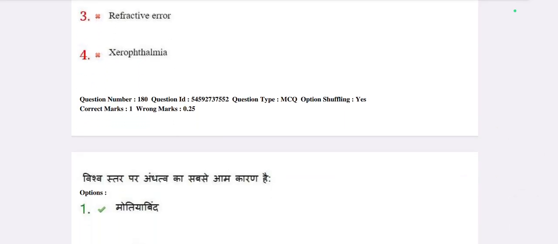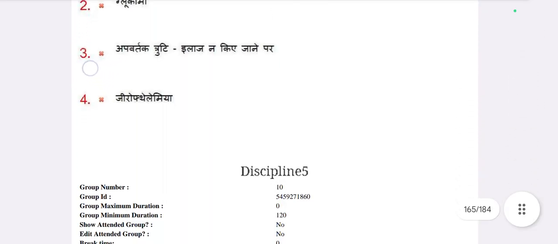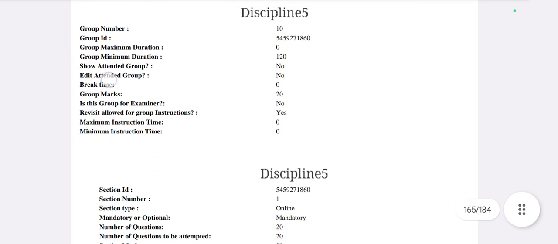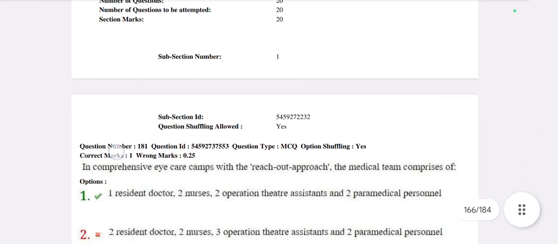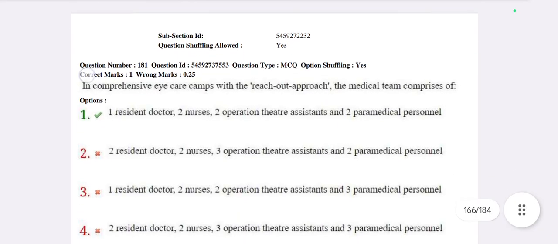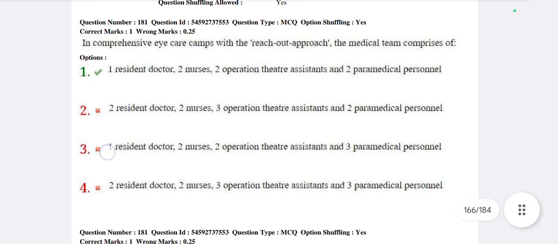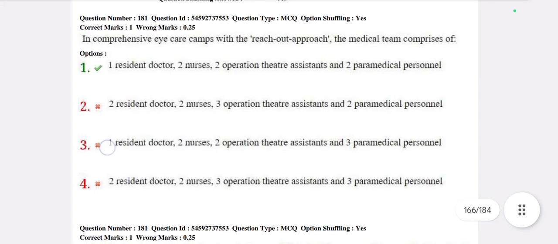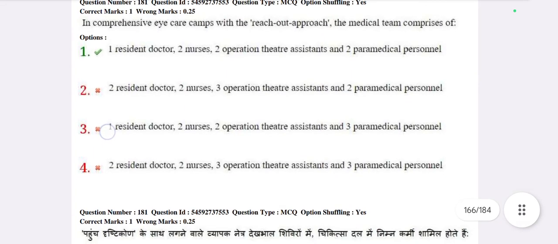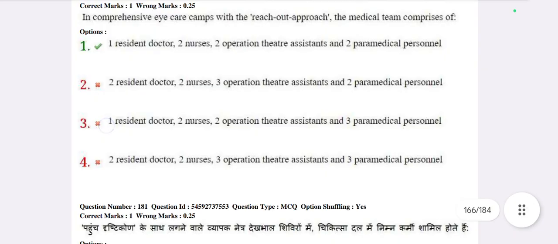Our next question is, in a comprehensive eye care camp with the reach out approach, the medical team comprises of? Correct answer is 1 resident doctor, 2 nurses, 2 operation theatre assistants, and 2 paramedical personnel.